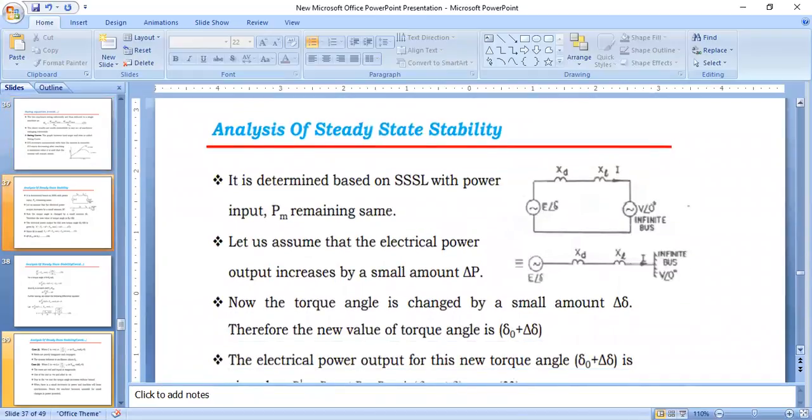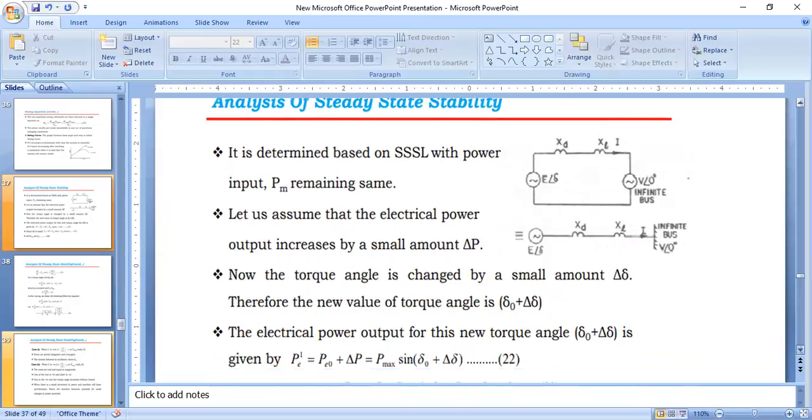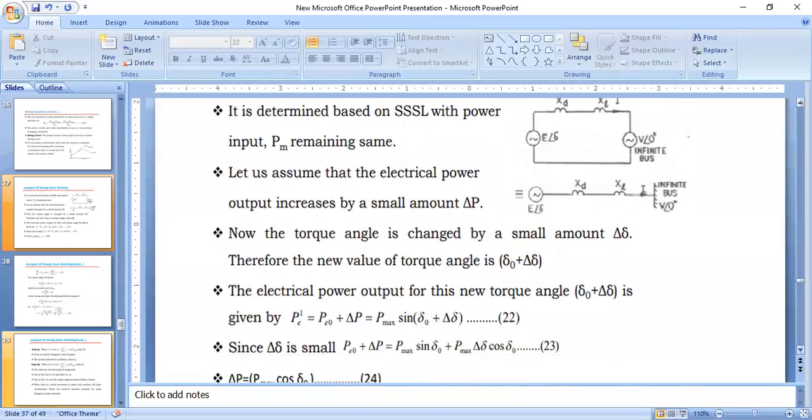Now, analysis of steady state stability. It is determined based on small disturbances, with power input Pm remaining the same. Let us assume that the electrical power output increases by a small amount delta P. Now the torque angle changes by a small amount delta. Therefore, the new value of torque angle is delta 0 plus delta.